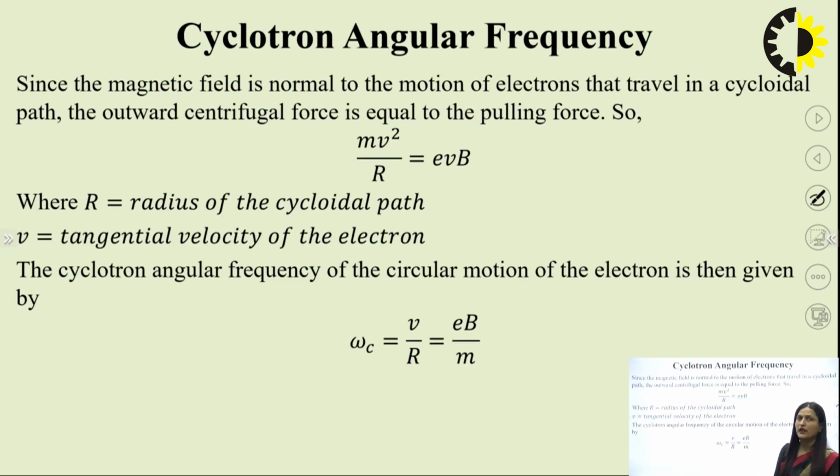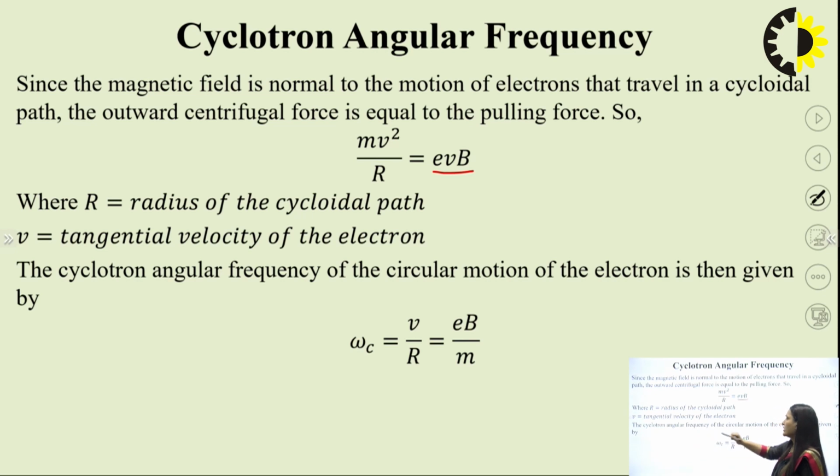Cyclotron angular frequency. Since the magnetic field is normal to the motion of the electron that travels in a cycloidal path, the outward force is equal to the pulling force and it is given as m v square upon r is equal to e v B, where r is the radius of this path and v is the velocity of the electron.